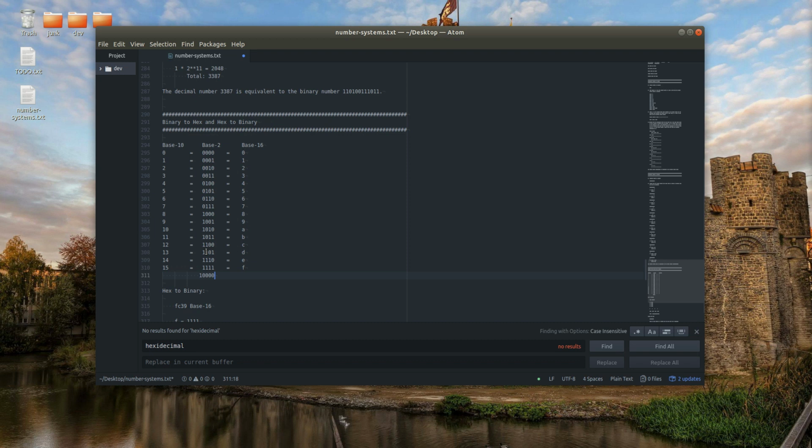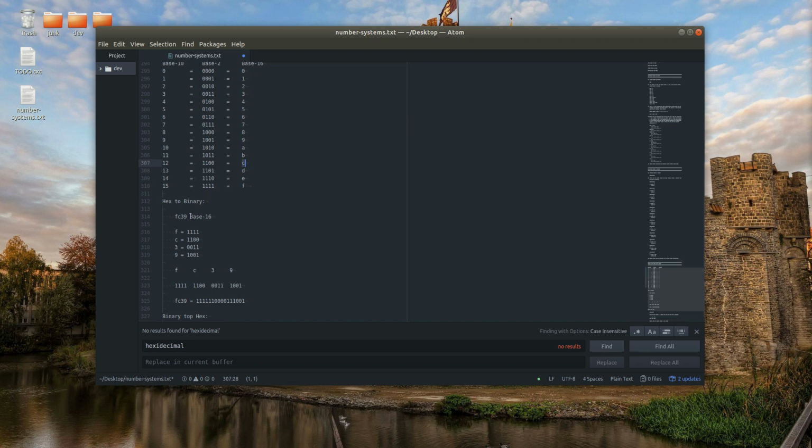On base 16 it's the same way. If we added one more, we'd have to do 1 0, and that's 16. So what this means is any hexadecimal character can be replaced by these 4 binary digits, so you can very easily translate from base 16 to base 2.